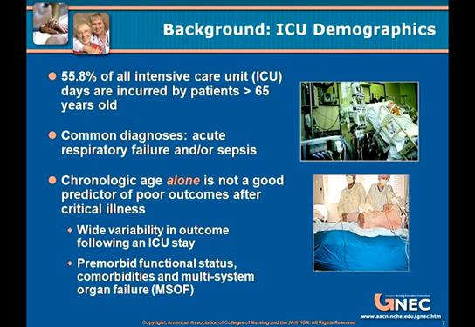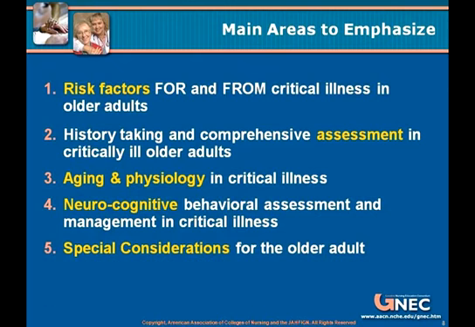What do nursing students need to be most aware of and looking for in this patient population? Well, certainly they need to be aware of what special risk factors go along with the aging process and what risk factors patients now carry with them after they've had a critical illness. Understanding that we need to be mindful of things like acute confusion for older adults once they've experienced a critical illness, functional declines, and muscle weakness after a critical illness.